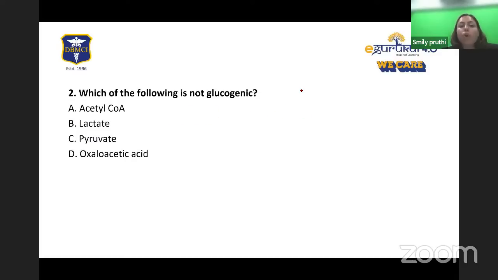Which of the following is not glucogenic? Substrates of gluconeogenesis are very, very important, and this full topic of gluconeogenesis is very, very important. And we all know that acetyl-CoA is never glucogenic. It is again and again written, acetyl-CoA can never be the substrate of glucose. So the answer for not glucogenic is acetyl-CoA.